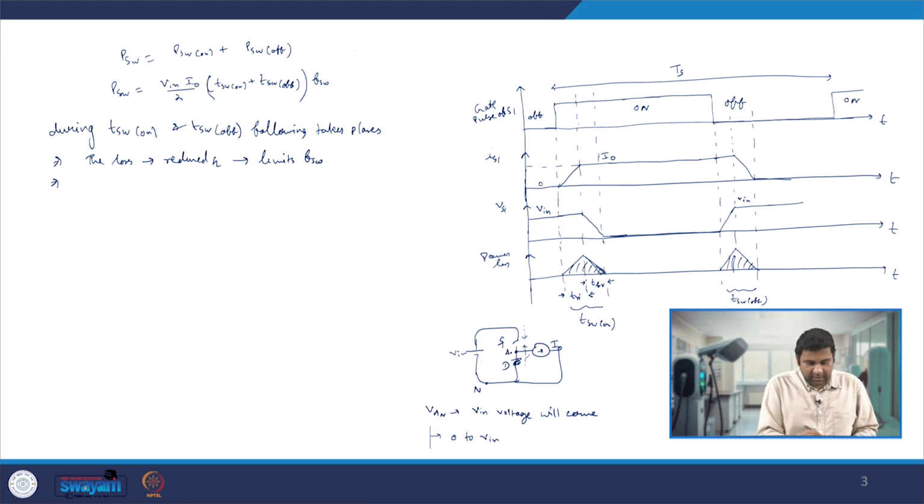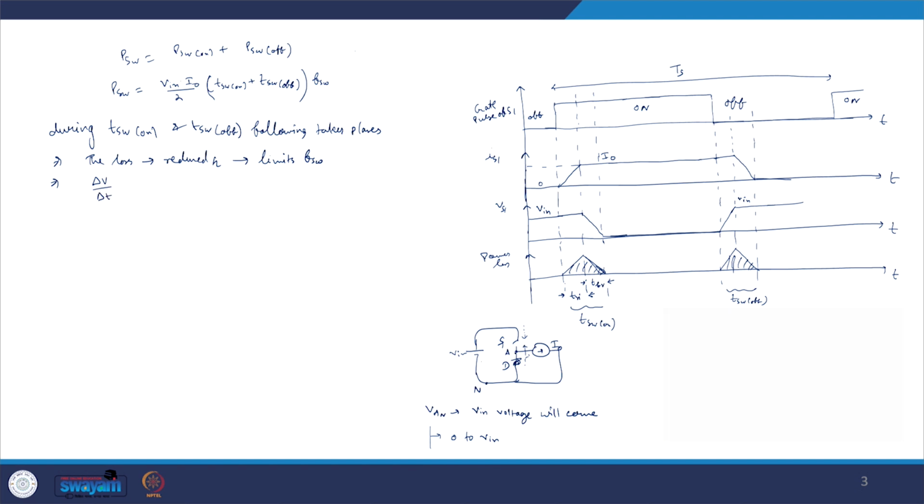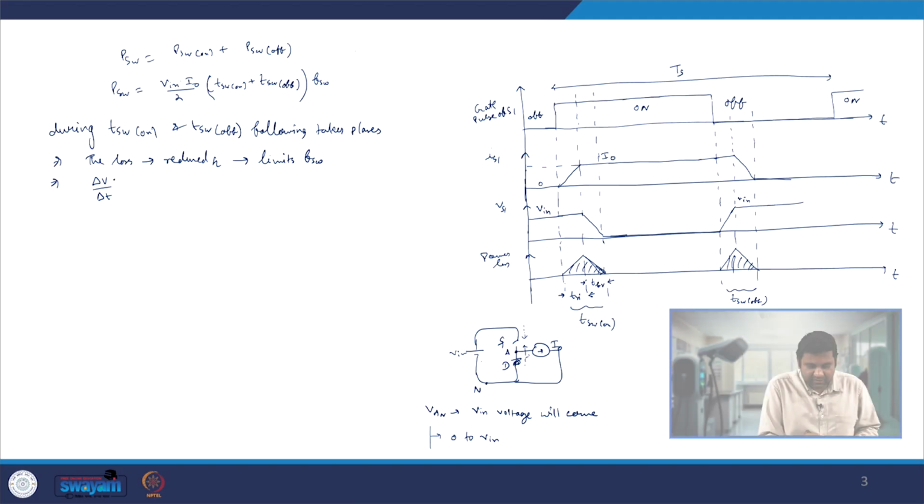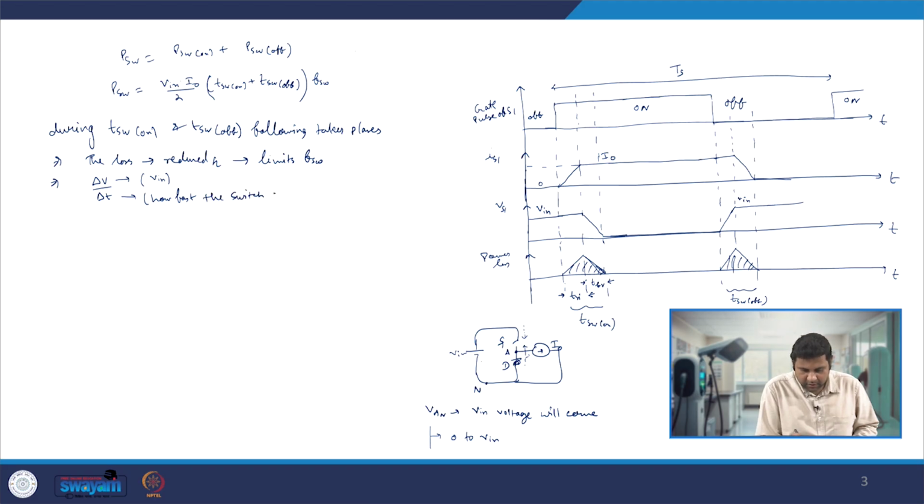So during this time you have a certain delta V by delta T which is appearing at the output of this bridge between points A and N. And this delta V by delta T, if you look very carefully, is mostly V in divided by delta T, which means how fast the switch S1 is turning on.